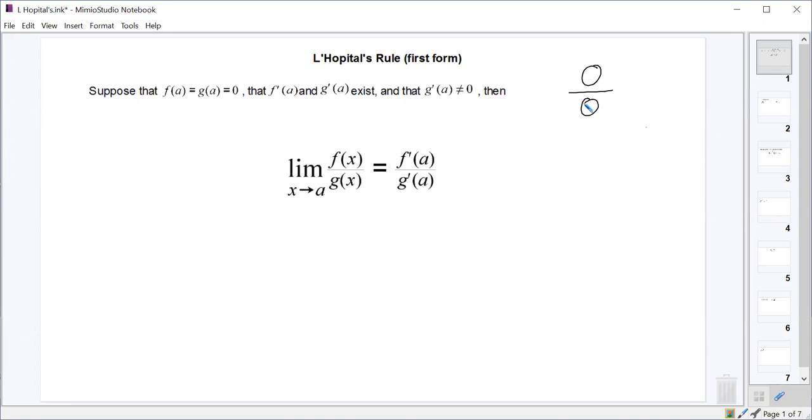And so we're going to look at one other thing that we can do when we get a limit that is indeterminate. And it's called using L'Hopital's rule. It's got two forms to it.